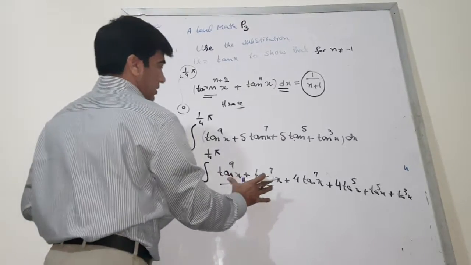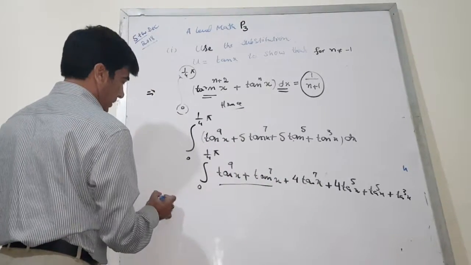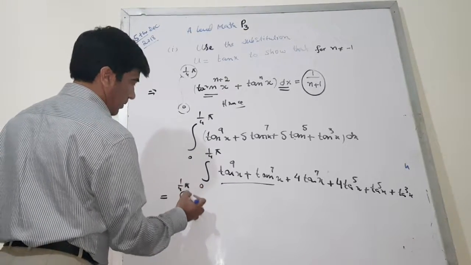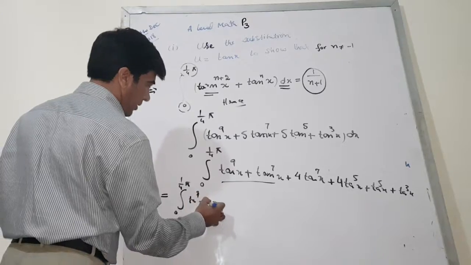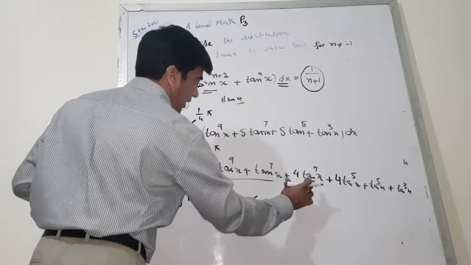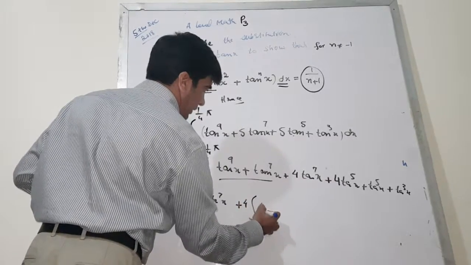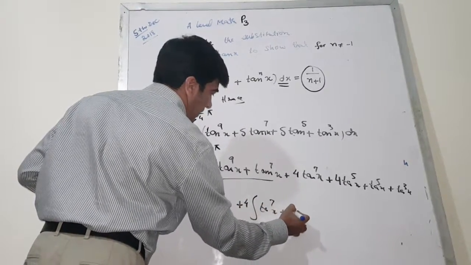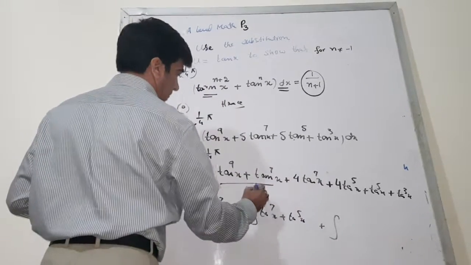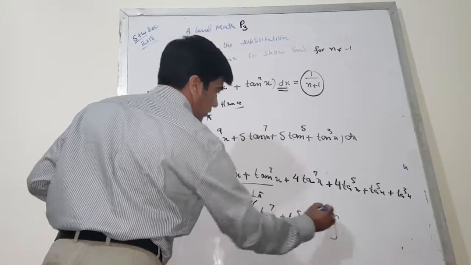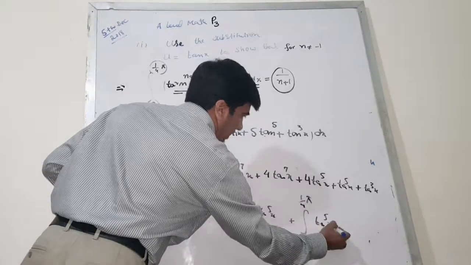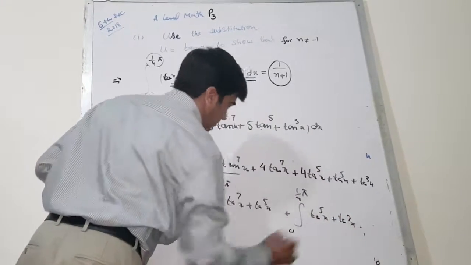Now you know this integral can be split into the integral of tan 9x plus tan 7x, plus, taking 4 common, tan 7x plus tan 5x, and then the integral of tan 5x plus tan 3x.